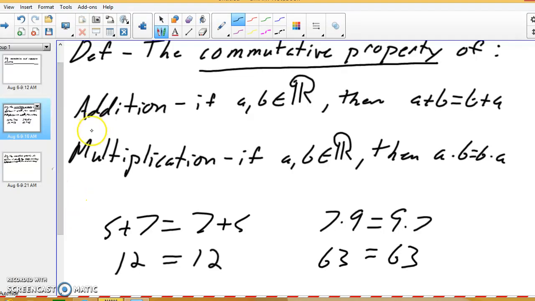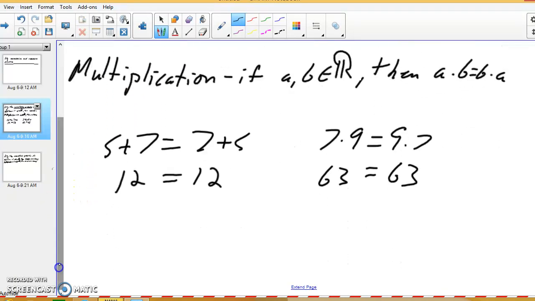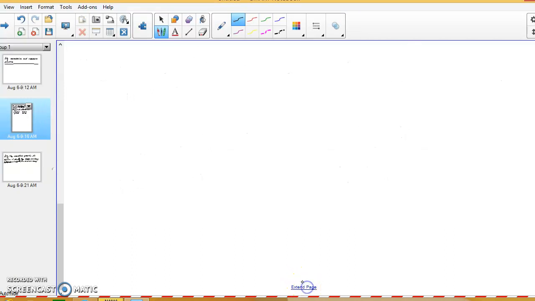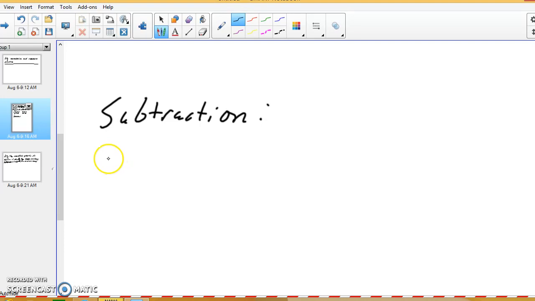Now, you notice that we only have commutative properties of addition and multiplication. Why not for subtraction or division? Well, let's go through that. Let's look at subtraction. If this property would hold the same for subtraction, then we could say 12 minus 5 would be equal to 5 minus 12.